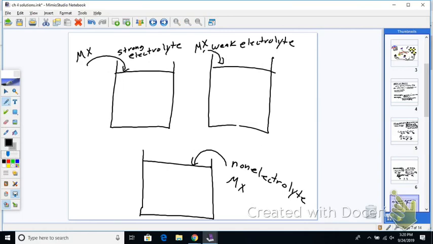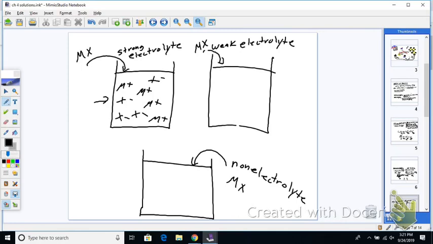What do you think it's going to look like after we put the MX in there? All of them broken apart. Yeah, so equal amounts of both.